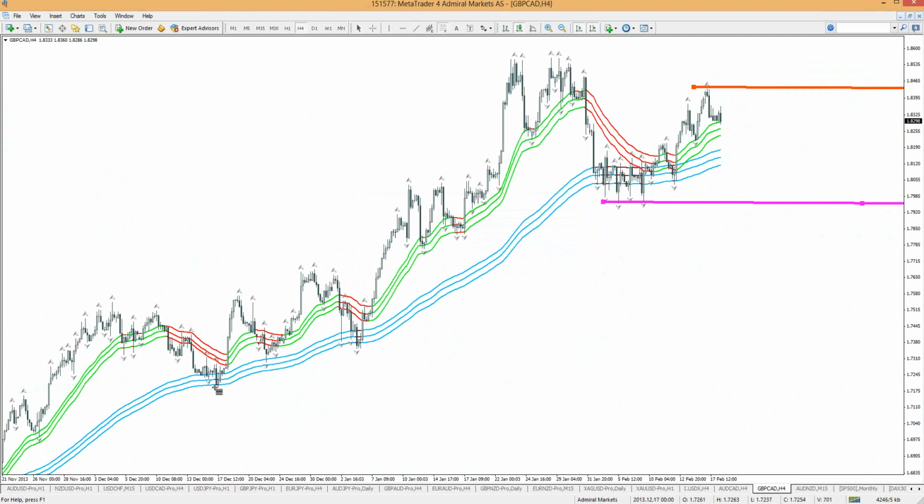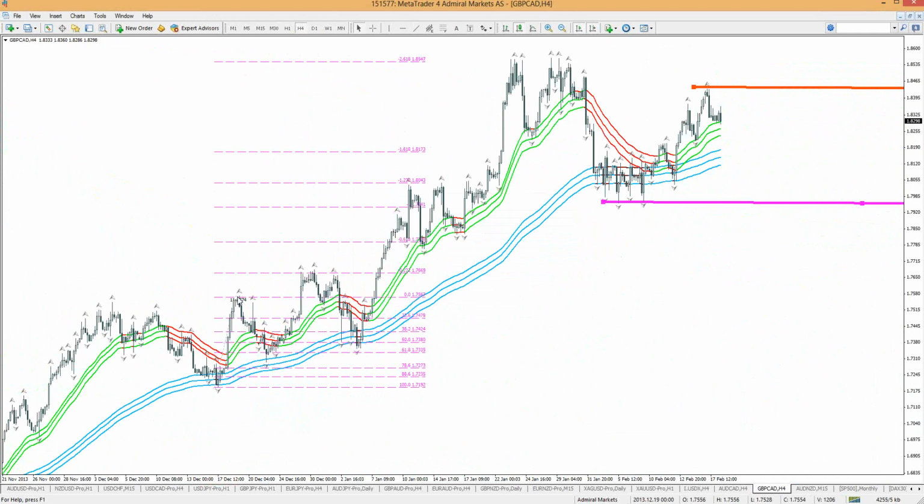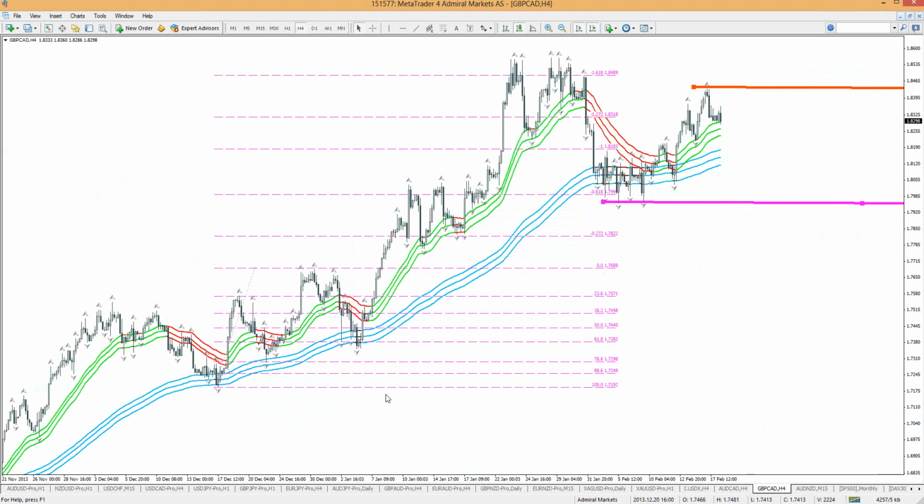Last time we got a bounce roughly at the 61.8 fib, almost a 78.6 fib there, as you can see. So maybe that could be now the same scenario. Let's take a look.